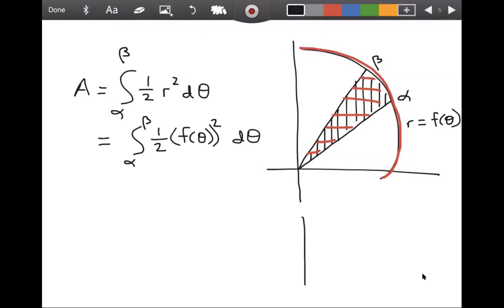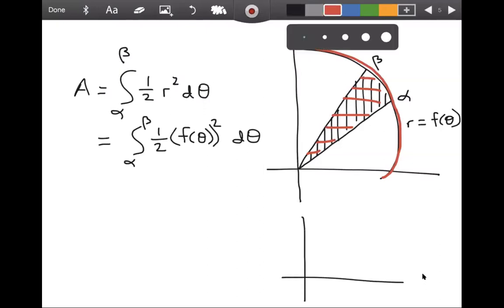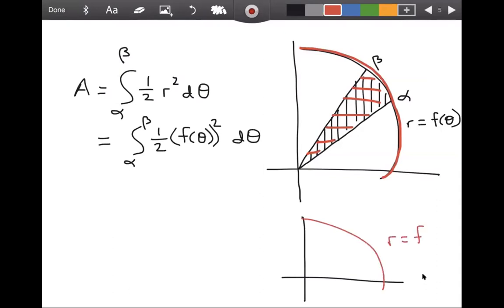So let's say that you have 2 polar curves. One is like this. So we'll say this is r equals f of theta. And then you have another polar curve. Let's say it's like this. And this is r equals g of theta.